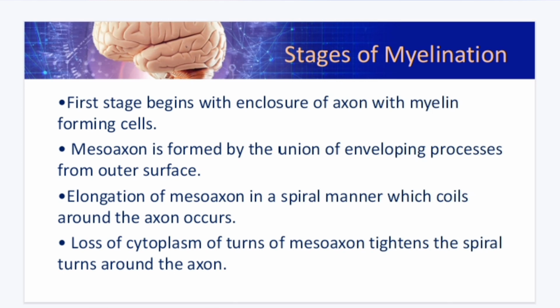The elongation of the mesaxon will then succeed in a spiral manner. As the spiral turns around, the cytoplasm of the mesaxon will be lost, and thus it will become more tight. So let's discuss the reaction of neural tissue to injury.